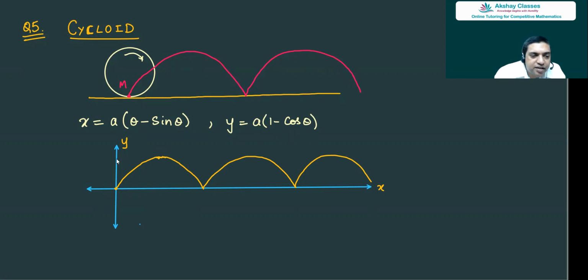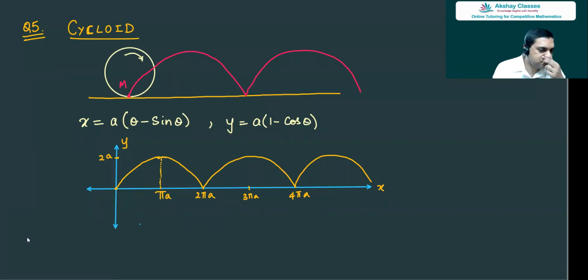So this becomes 2a. This length is 2a. When theta becomes pi, you get pi minus 0 times a. So this is pi times a. Now here this becomes 2 pi times a. This is 3 pi times a. This is 4 pi times a. This is x and this is y.